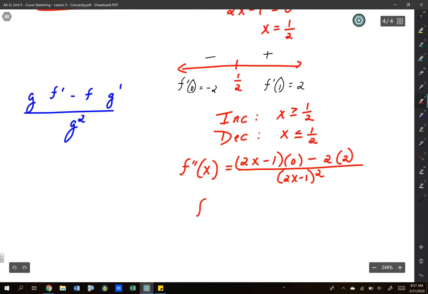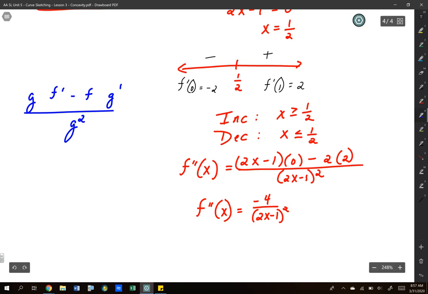So when we clean that up, we end up with -4 over (2x - 1) squared. And again, we have a place where we have to determine where it's equal to 0 or where it is undefined. To find a critical value, either of those would be the ways we would determine that critical value.